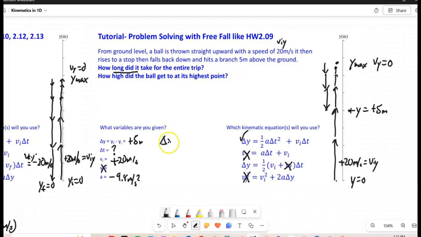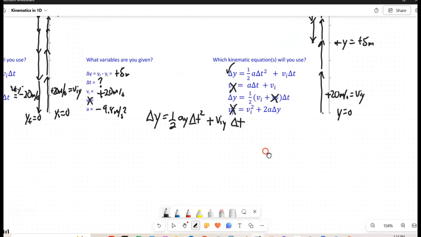Oh boy. Looks like we're going to have to use this as our equation. Okay. I think I know what's about to happen. And this is the blunt force way. We could do this problem a lot of ways, but we're going to just go for the blunt force where we put in all the numbers that we have, and let's figure out how to solve the problem. Okay, so we need to solve for time.